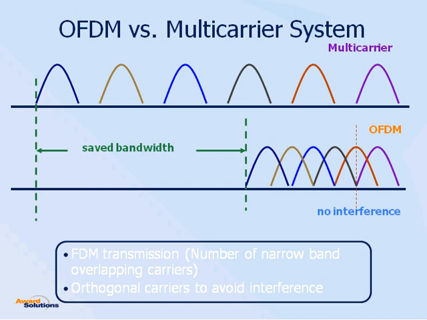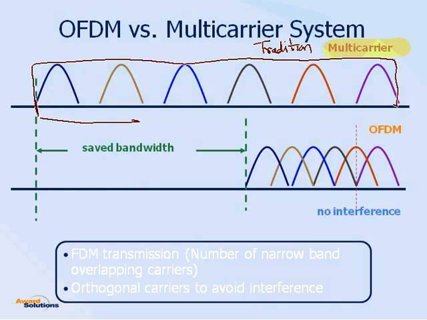So let's contrast a traditional multi-carrier system with OFDMA type multi-carrier system. In a traditional multi-carrier system, what we would do is divide the available spectrum bandwidth into several channels, several carriers.